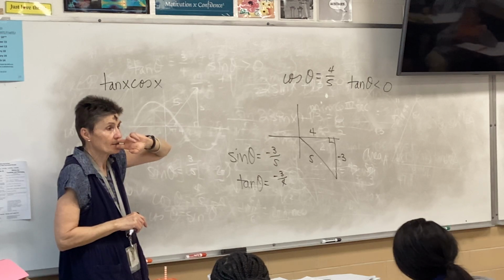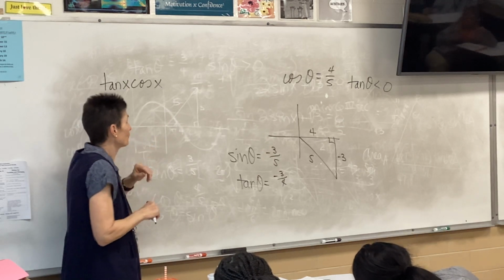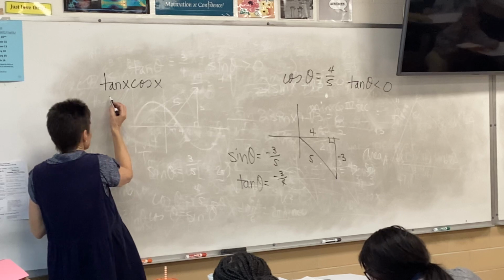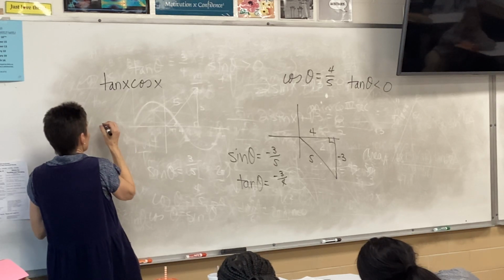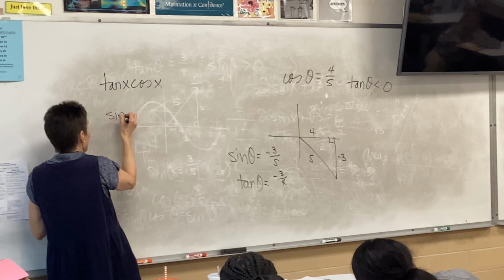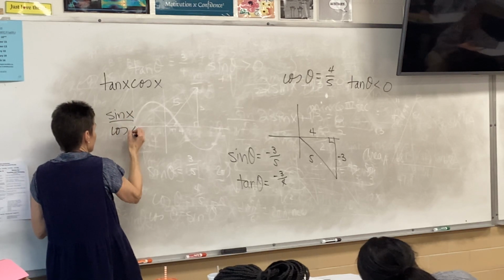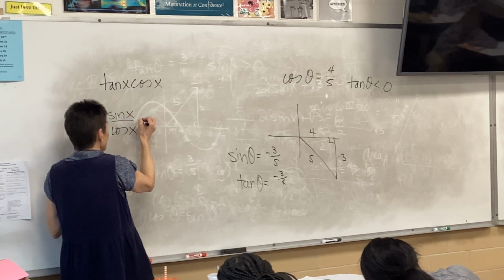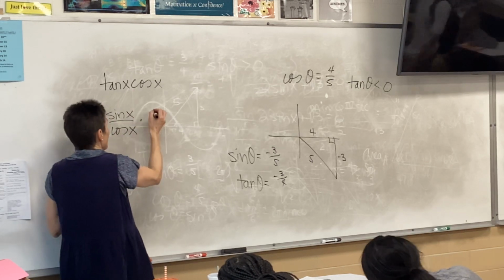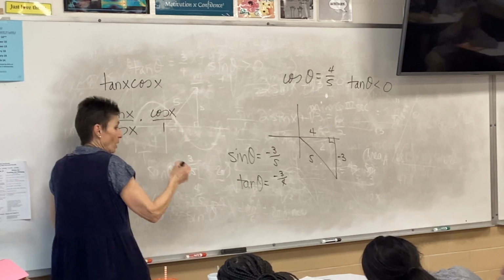Tangent equals sine over cosine. So I'm going to take this tangent and I'm going to rewrite it as sine over cosine. And then I'm going to multiply it by cosine over 1.